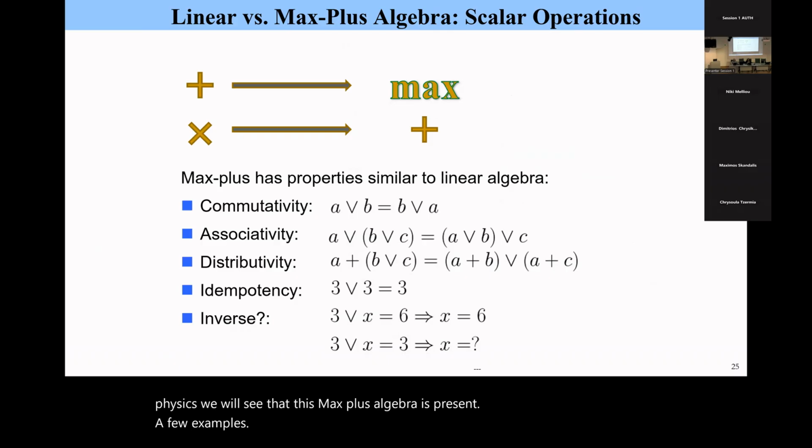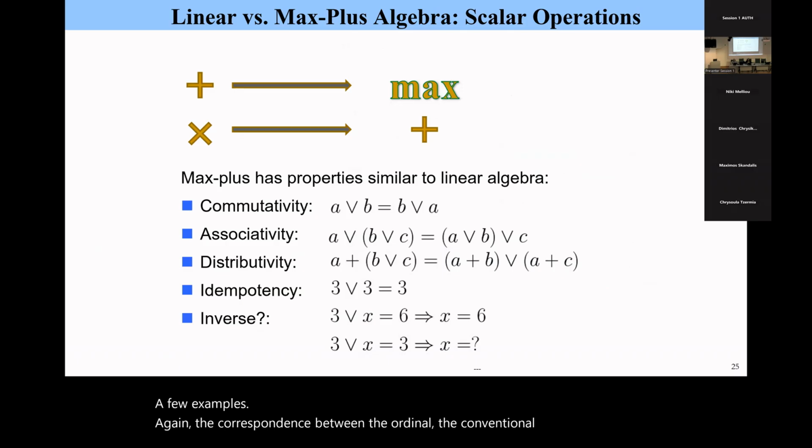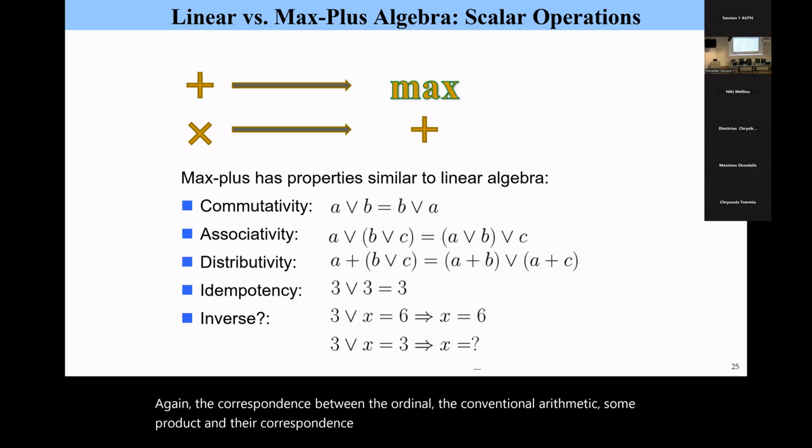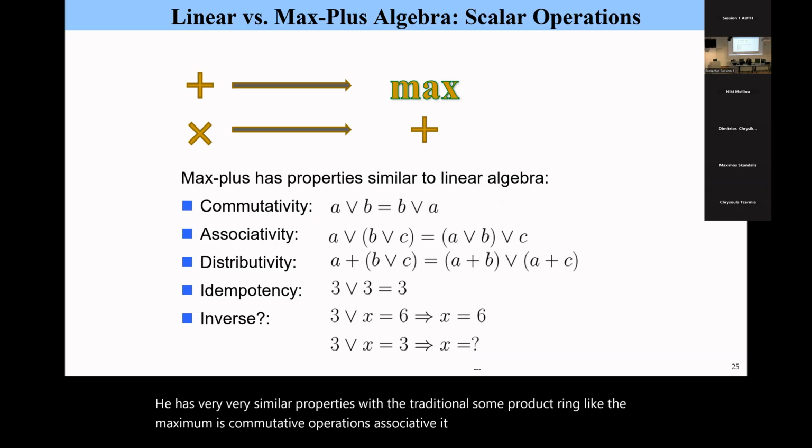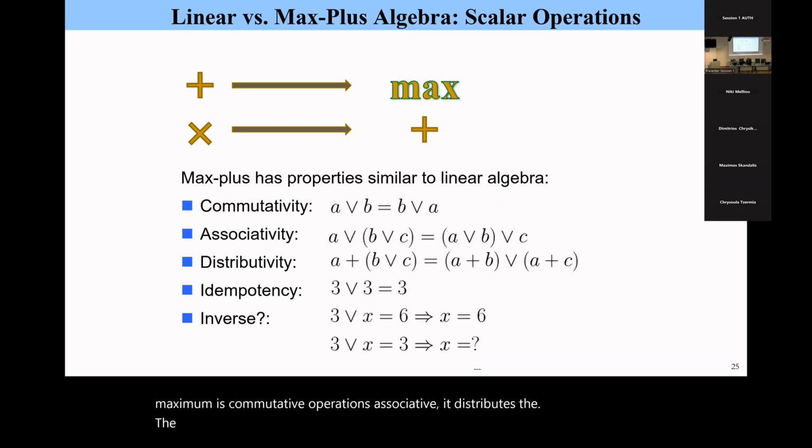Again, the correspondence between the conventional arithmetic, sum, product, and their correspondence with a max-plus arithmetic. This max-plus ring that is created has very similar properties with the traditional sum-product ring: the maximum is commutative, operations are associative, and the addition distributes over the max.